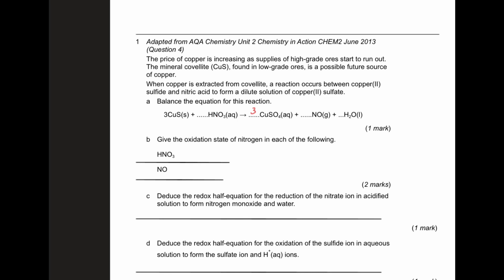I know this is going to be positive 1, this is going to be x, and this is going to be 3 times negative 2, so it equals 0. Then I solve for x and get positive 5. Over here I know oxygen is negative 2, and because of that the nitrogen in front is positive 2.